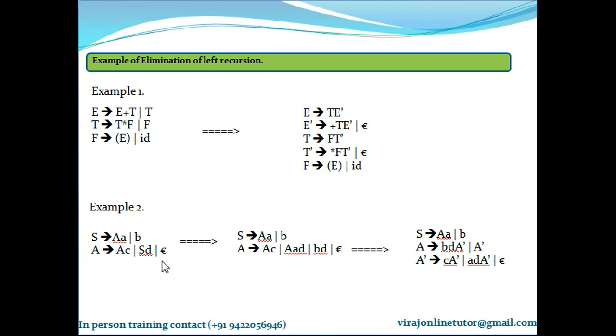A was giving S D, but S was not equal to A, so it did not have a direct left recursion. But only when I substituted S with these two options did I come to know that there was direct left recursion hidden in this production. That's why it is called indirect left recursion. Indirect left recursion is the one in which you come across direct left recursion only after substitution.